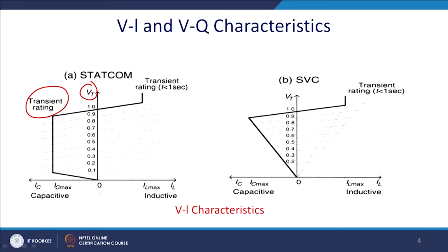So, this is the voltage rating and this is the zero current rating, and you can see that it has a wide range of compensation. It can inject maximum current with any value of the voltage sag. So, voltage can be 0.2, 0.3, it can start and go to any voltage. So, this reactive power handling capability is constant with the supply voltage.